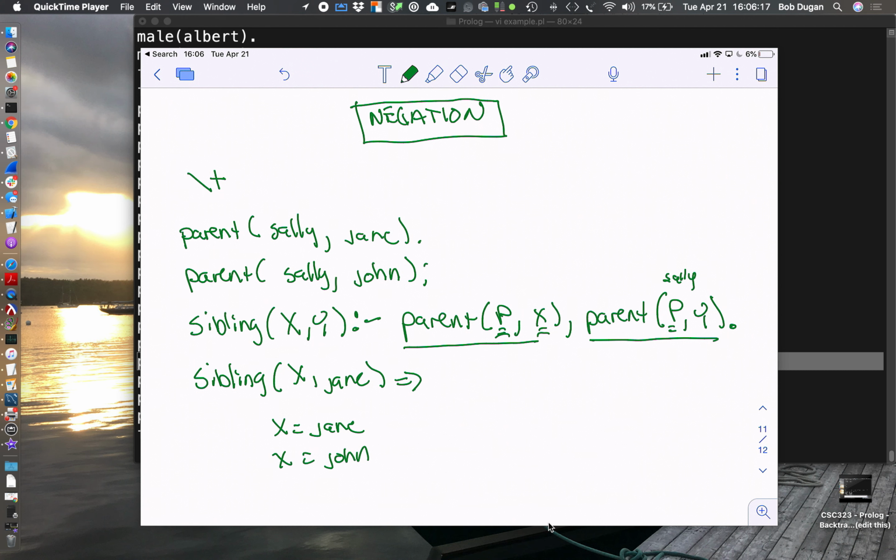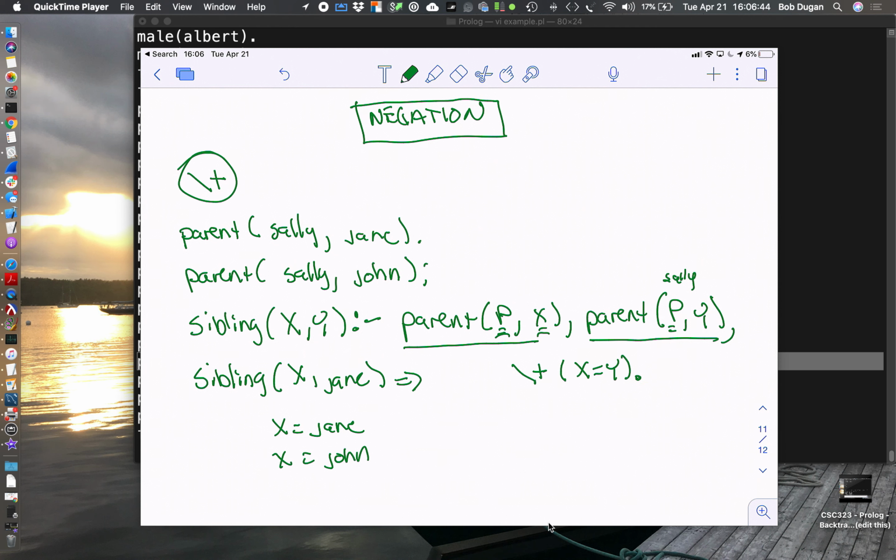So it would be nice to get rid of that duplicate, and it turns out that using negation we can do that. So if I add an extra antecedent, and that antecedent is \plus X equals Y, period.